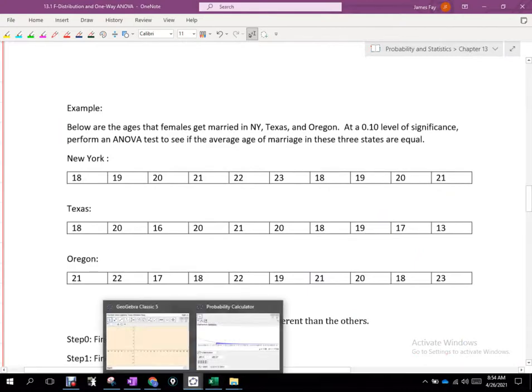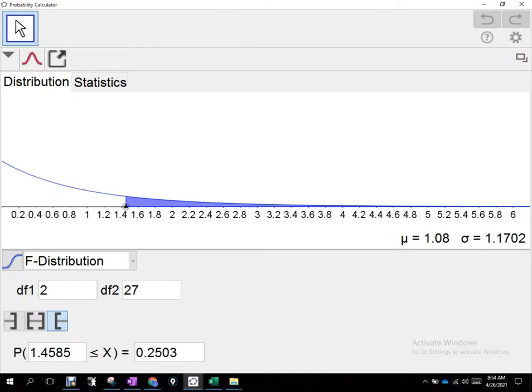So in GeoGebra, I type in my degrees of freedom, and then down here, remember, this is your probability, or your area. I'll type in 0.1, and it gives me 2.5107. That is my critical value. That's the critical value that's attached to an area of 10%. That's how you'll do that in GeoGebra, if you like to use GeoGebra.